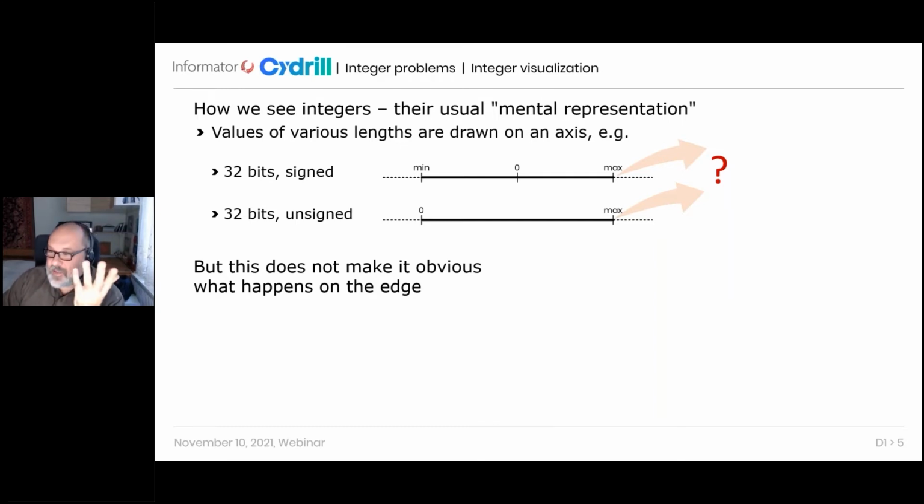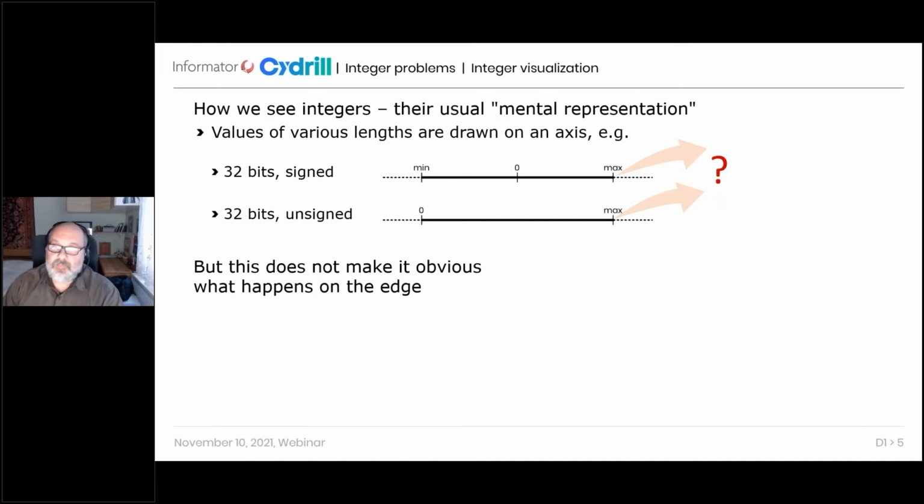So we know there is a limit, but then the question is, what if we do an arithmetic operation, like we add two numbers together, and the result does not fit into the representation that we have? So we have two numbers, we add them together, and the result is bigger than what we can represent in that arithmetic.